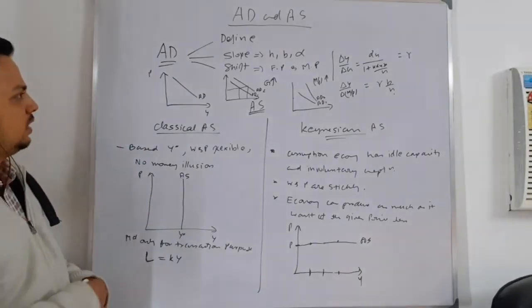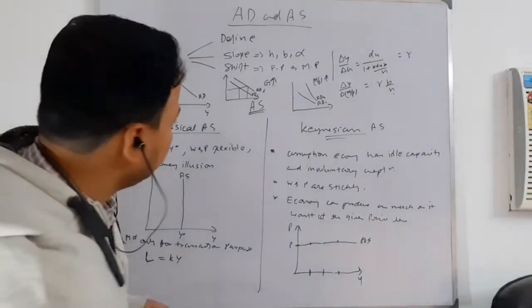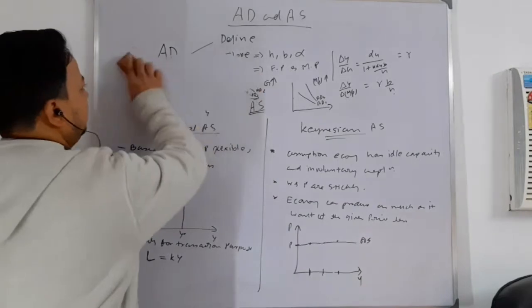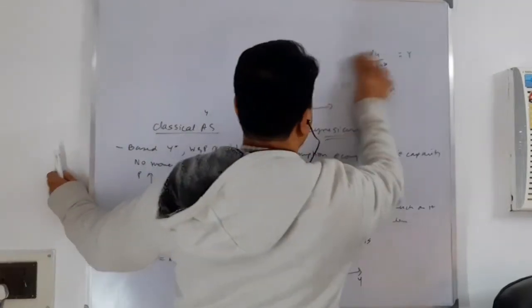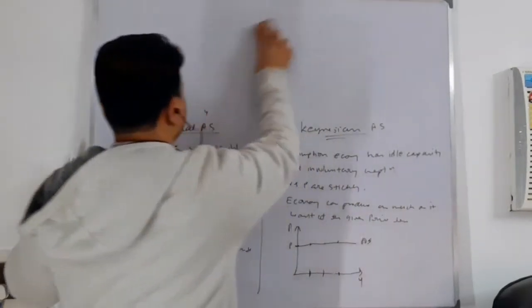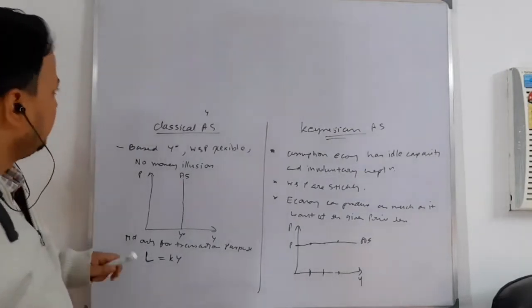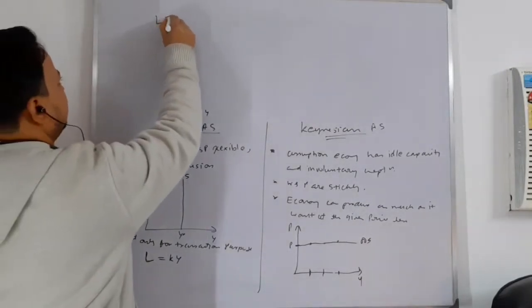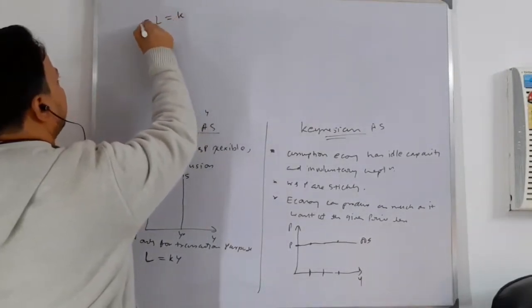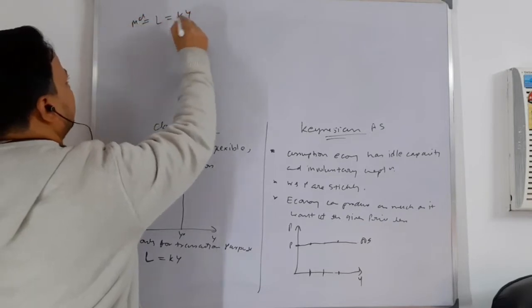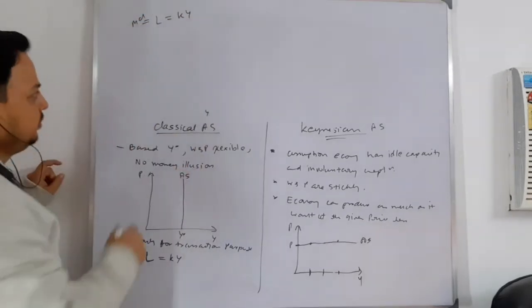Let me rub this part and then do it. So when I am writing N equal to KY, or money demand, money demand is dependent on your income.